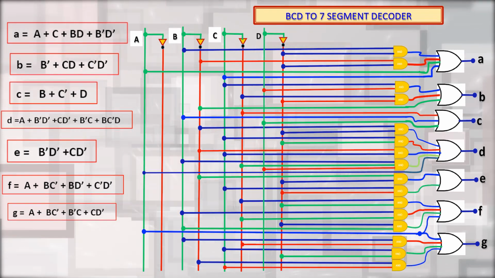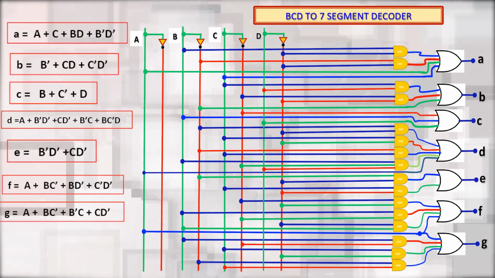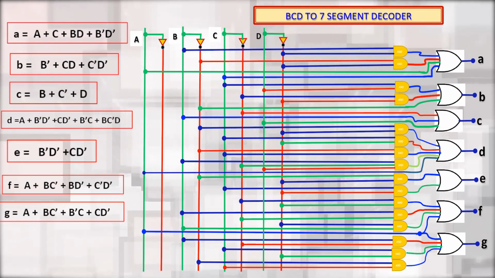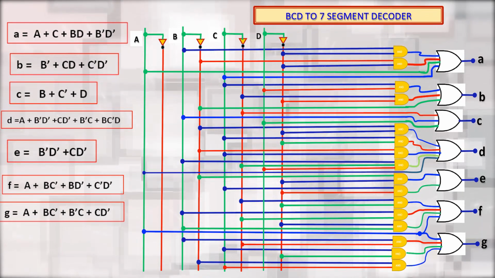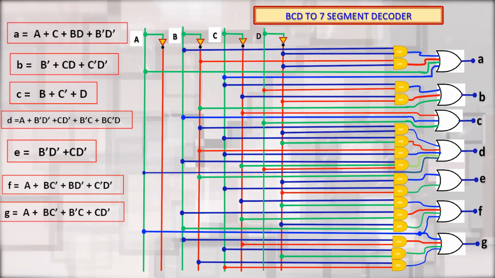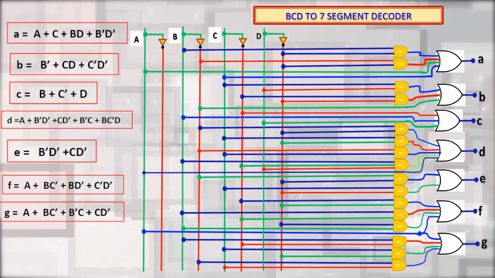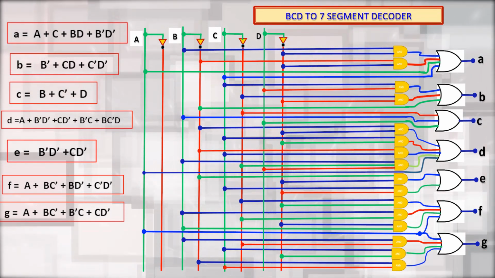Now, next we have to realize the segment G. To realize the segment G, first we will be needing an OR gate. That OR gate should have 4 inputs and we will be needing 3 AND gates of 2 inputs.